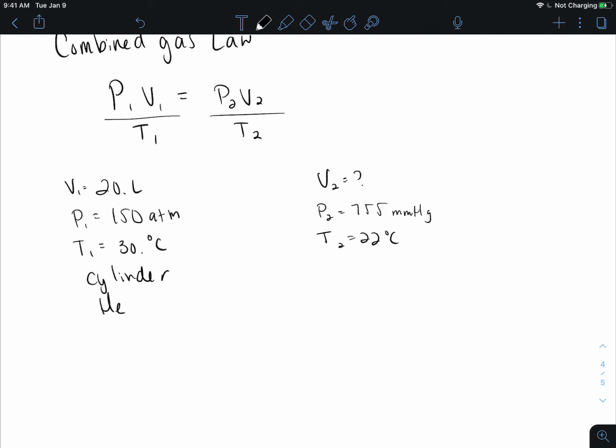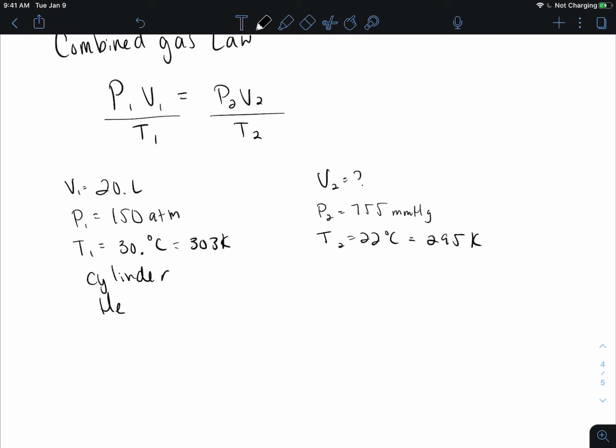First thing we want to do, unit conversions. We're going to convert all of our temperatures into Kelvin. So we're going to add 273 to our 30. I'm only adding 273 instead of 273.2 because there is no decimal, so think about our sig figs. So this will be 303 Kelvin. And then our T2 will go to 295 Kelvin.